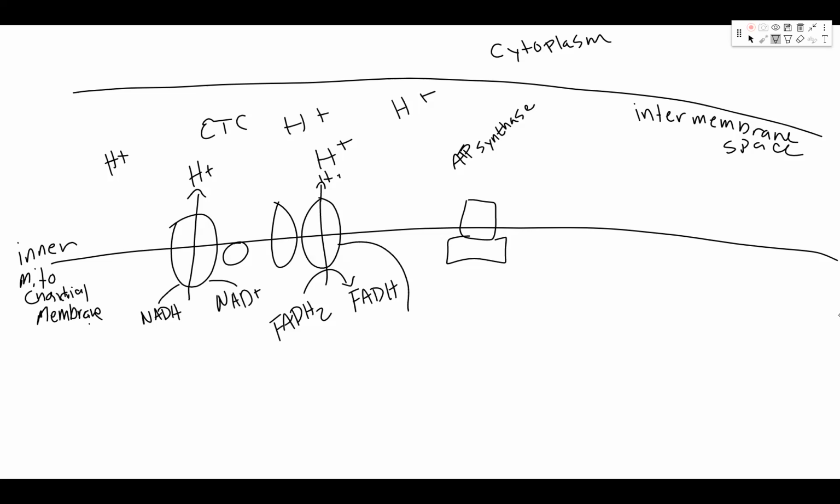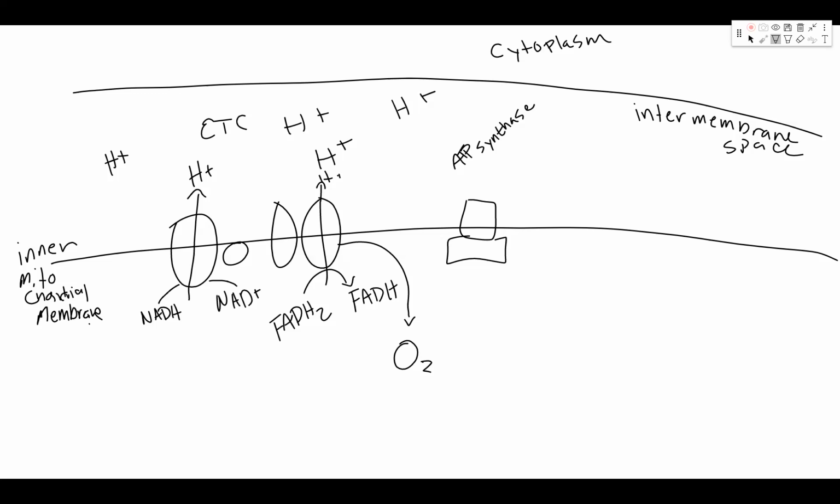At the very end of this, we've got oxygen. This is super important. This is where our water comes into play. We're going to take the last tiny crumbs of energy left in those electrons, and there is only one thing that our bodies would like to accept that electron.